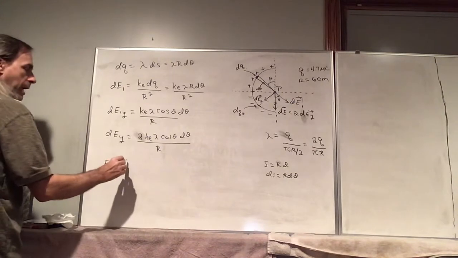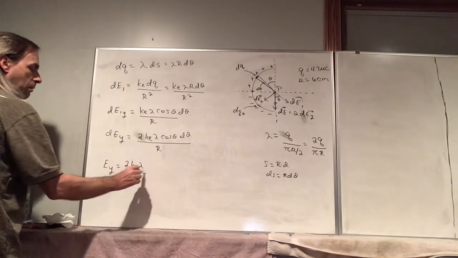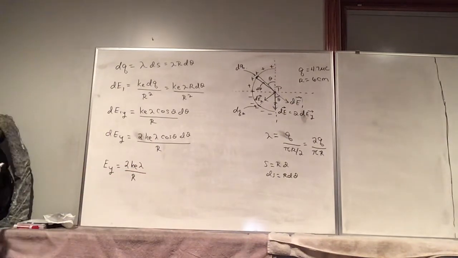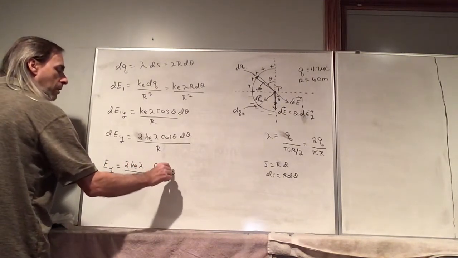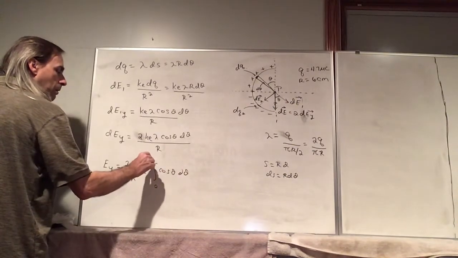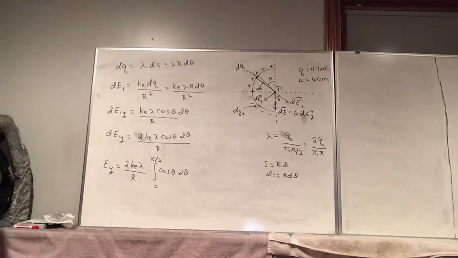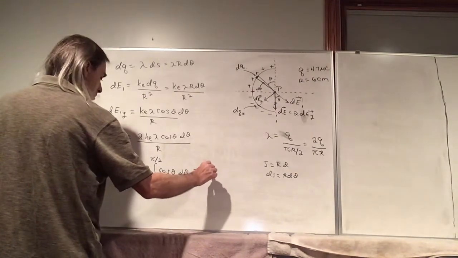Now we have 2 ke lambda over r, and then we just integrate cosine of theta d theta from 0 to pi over 2. And the integral of cosine of theta is just sine of theta, so that part's going to be easy.